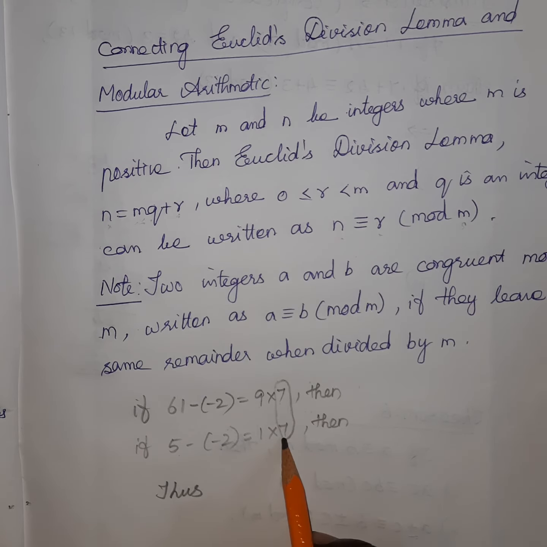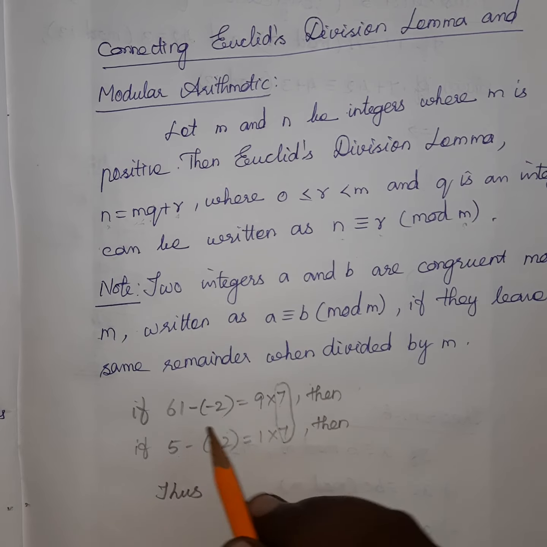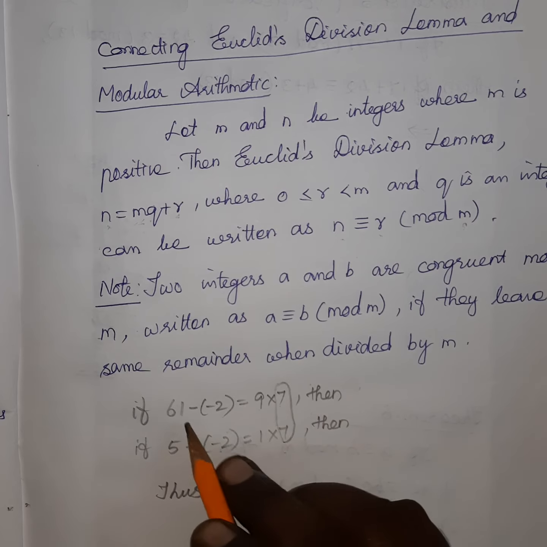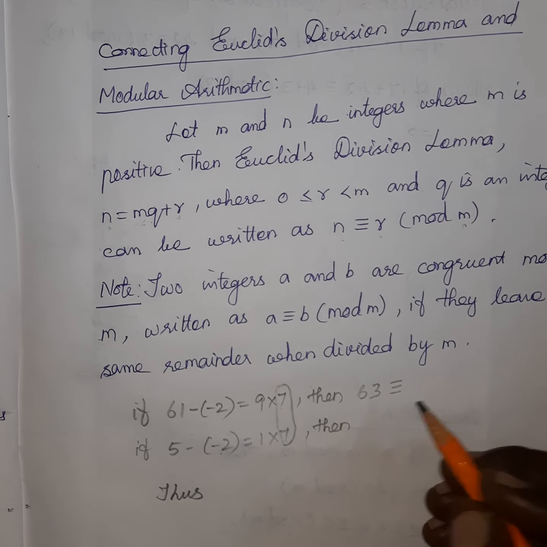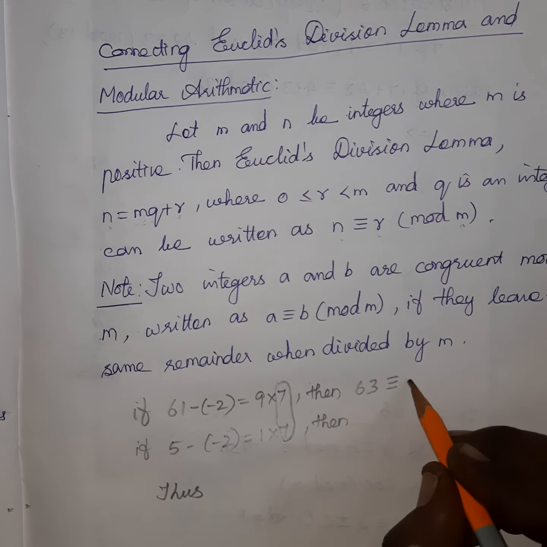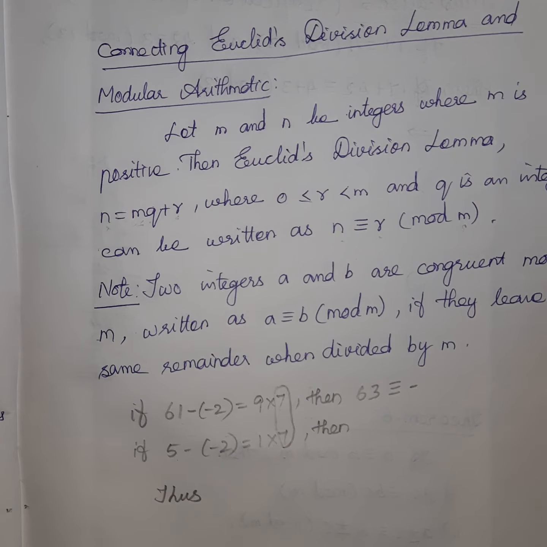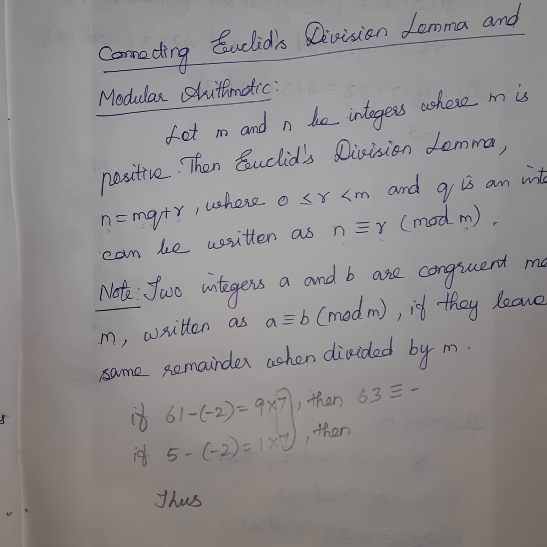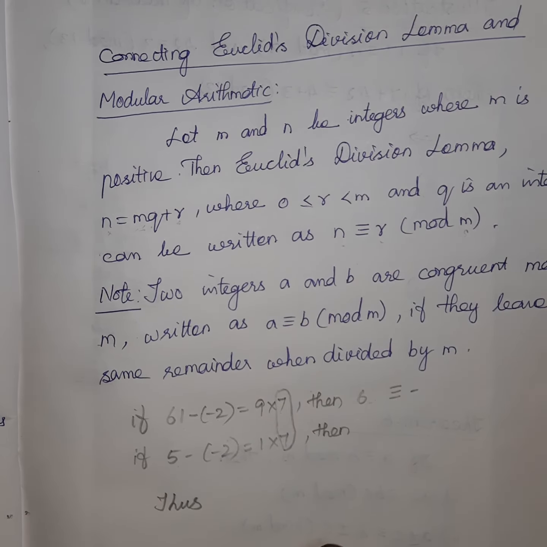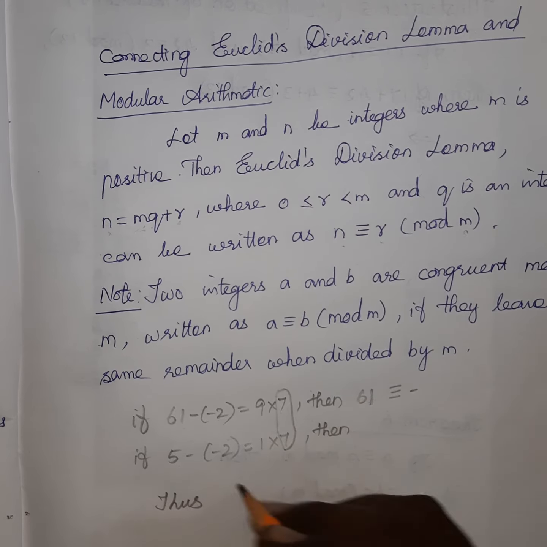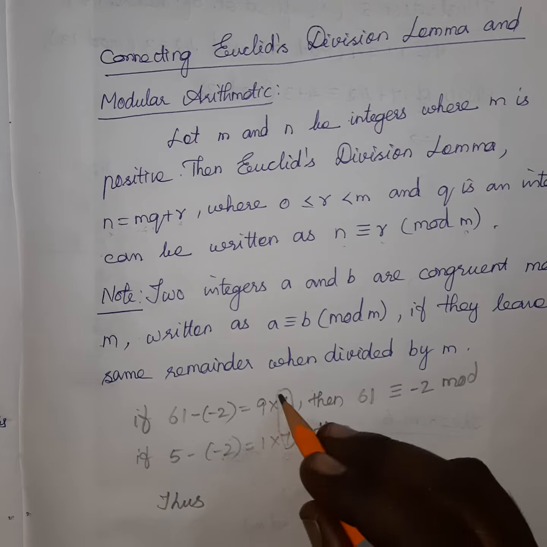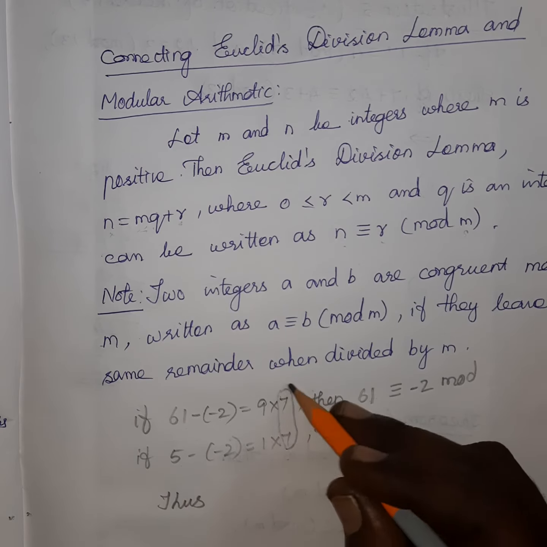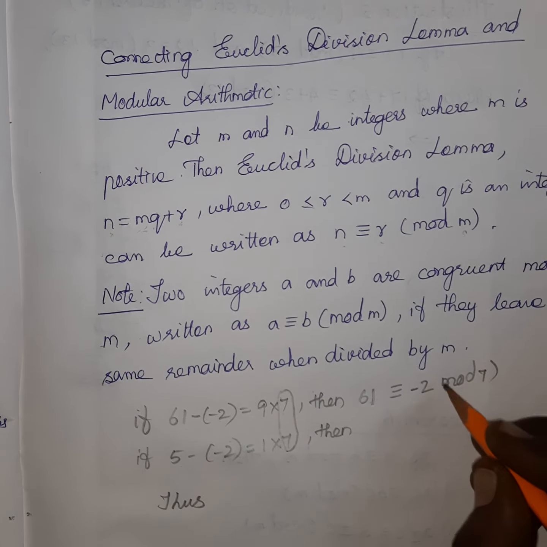Am I correct? Okay, from the first line we can write 61 plus 2 is 63. Congruent to, what is the remainder? Minus 2, sorry, not 63. Here the given number is 61. 61 is congruent to minus 2 mod. Here in both these numbers 7 is the common divisor, so mod 7.